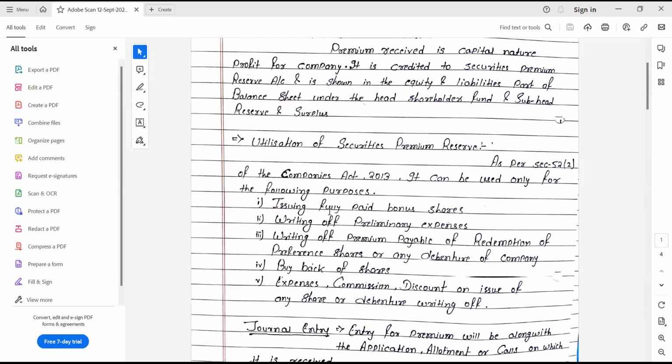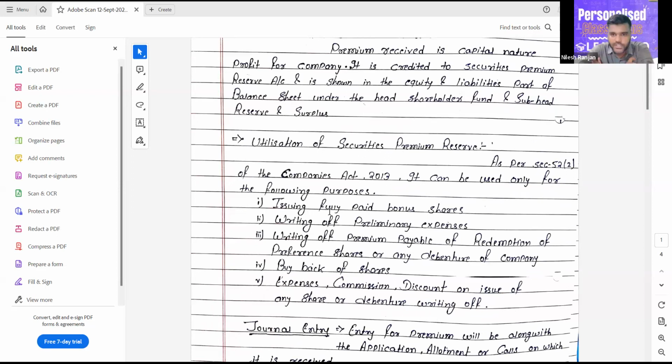Now, utilization of security premium reserve. As per section 52, subsection 2 of the Companies Act 2013, it can be used only for the following purposes. So these are the purposes for which we can utilize our security premium reserve. Except in these situations, we cannot use it for anything else.